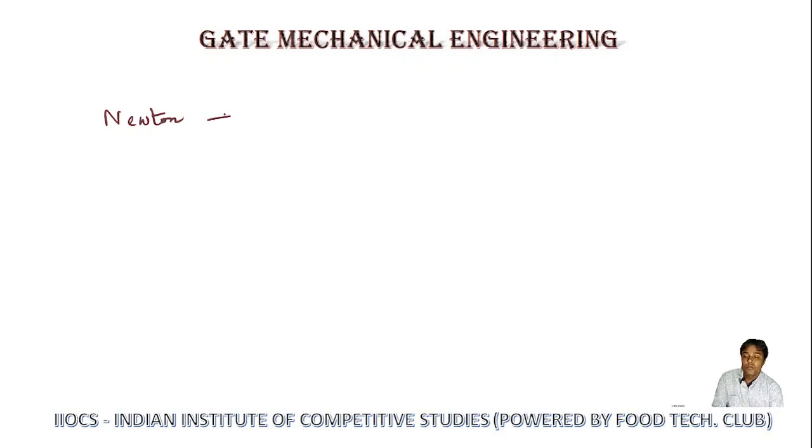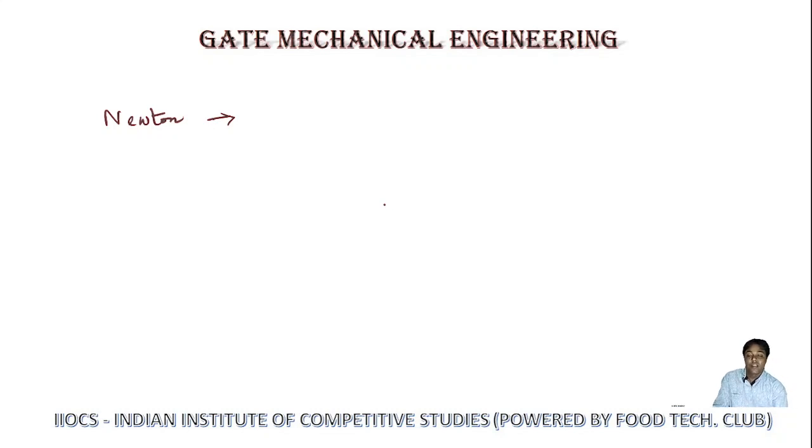So what quantity of force will be called 1 Newton? That we have to know. If we apply a force which is generating an acceleration of 1 meter per second square in a body which has a mass of 1 kg.